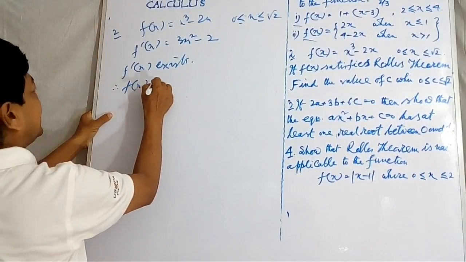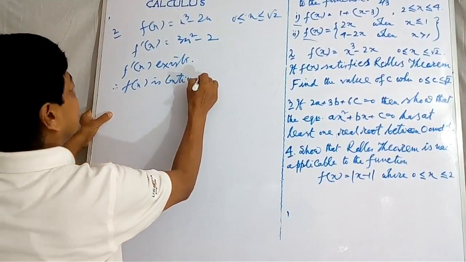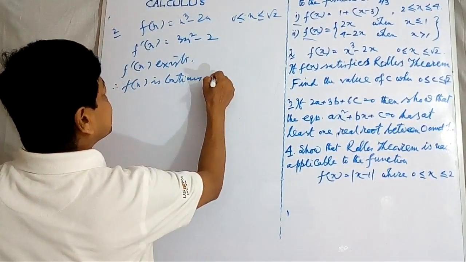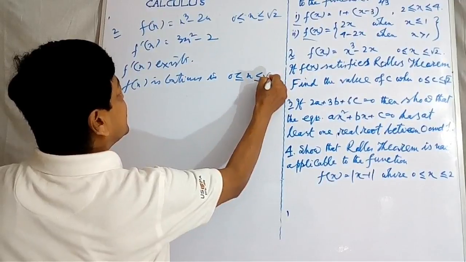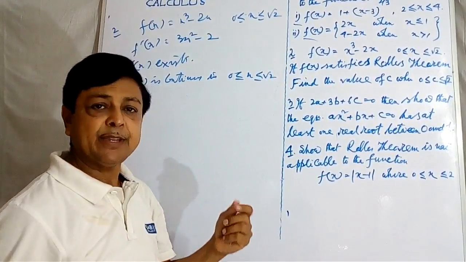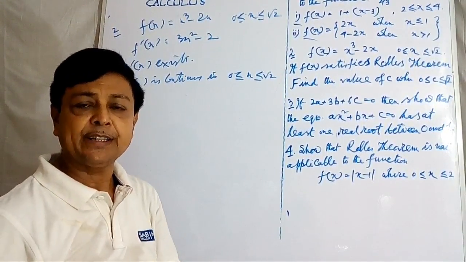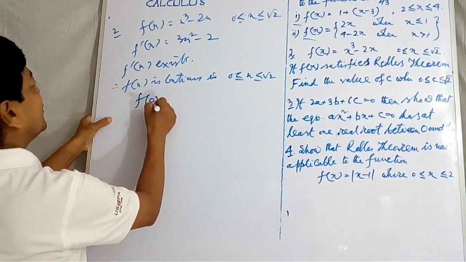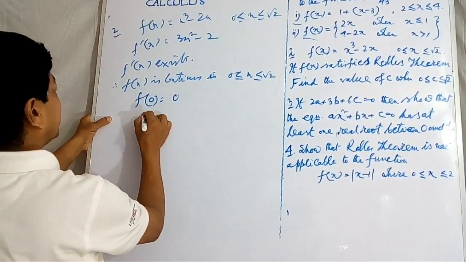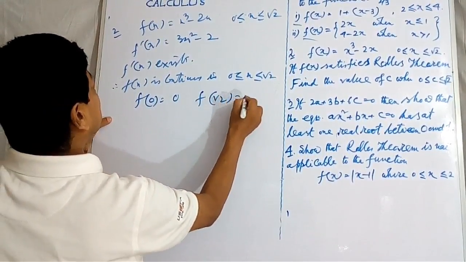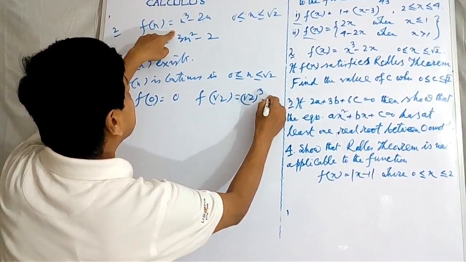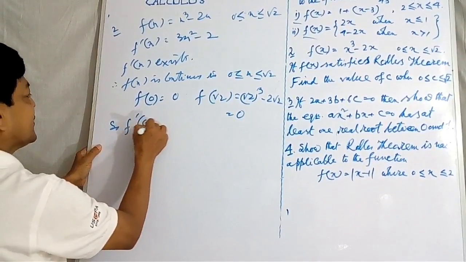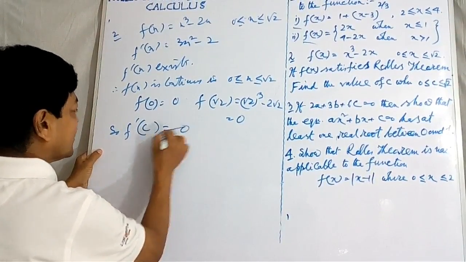Therefore f(x) is continuous in the interval. There is a theorem: if a function is differentiable at a point, it is continuous at that point. So it is continuous. Therefore f(0) equals 0, and f(root 2) equals root 2 cube minus 2 root 2, that is 0. So there must be some point c such that f'(c) equals 0.